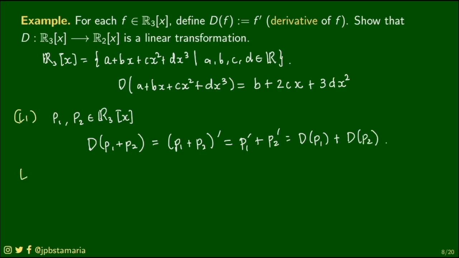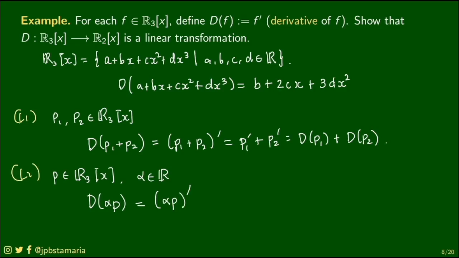For L2, if you take any polynomial in R3[x] and a scalar alpha, if you evaluate D of alpha p, you get the derivative of alpha times p as shown.